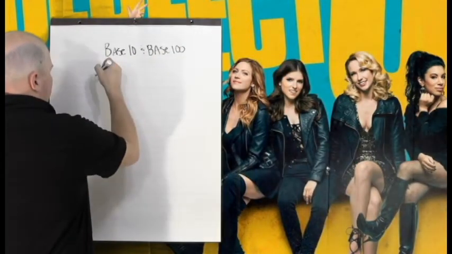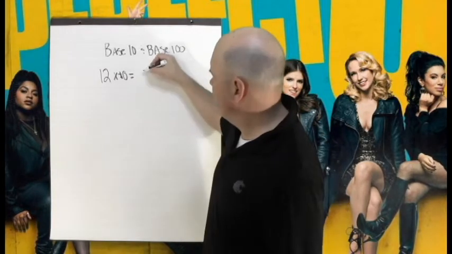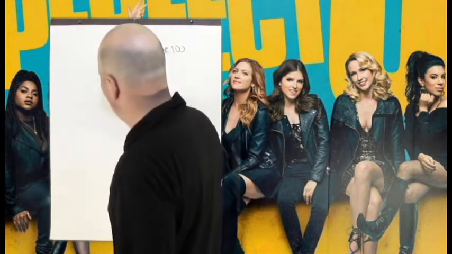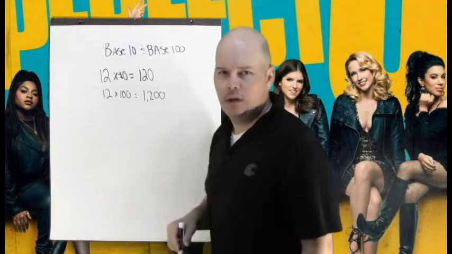Let's pretend we had something like the base number, we'll say 12. Okay, so if I have 12, and I multiply it by 10, so 12 times 10, I would get 120. Okay? If I took 12 and I multiplied it by 100, I would get 1,200. Okay?